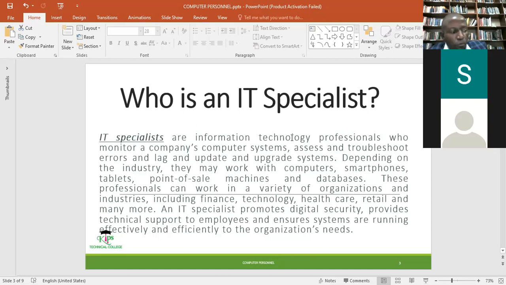So for them, they'll have to employ somebody that is in charge of checking on systems, if the systems are down, upgrading systems, and troubleshooting and assessing that the whole IT components are working. So these individuals, we simply give them one particular title, and we refer to them as IT specialists. Though we'll be learning in our lesson again today that, of course, they're different.